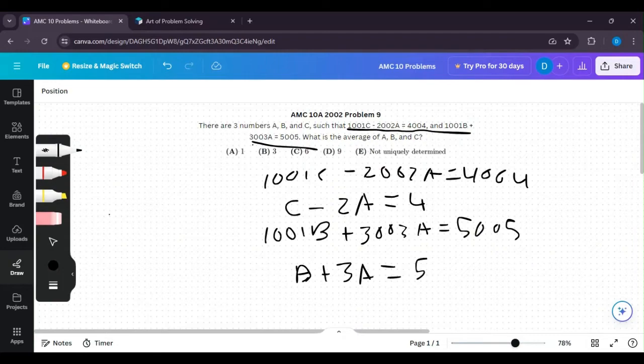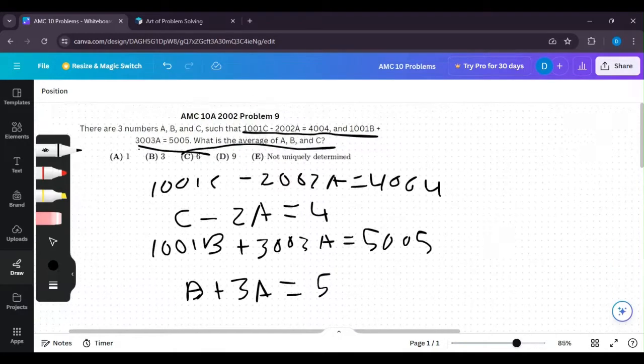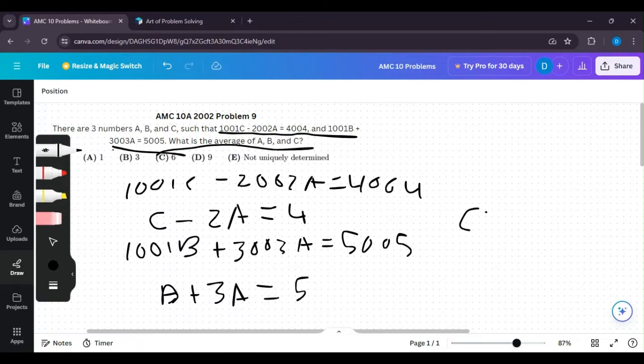So we need to find the average of a, b, and c. As you see here, b and c can be written as a form of a. So for c, we can move 2a over. So c is equal to 2a plus 4.